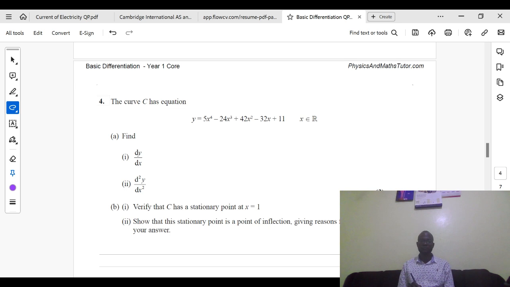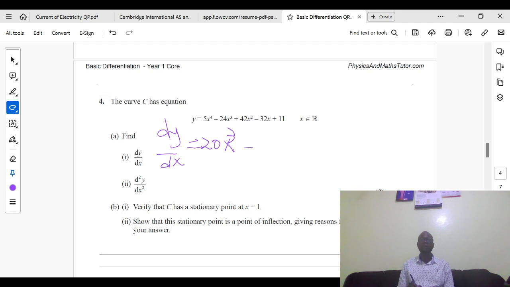So we will write there dy/dx is equal to multiply the power by the constant: 4 times 5 is 20x, subtract 1 from the power, that is 4 minus 1, which gives us 3.